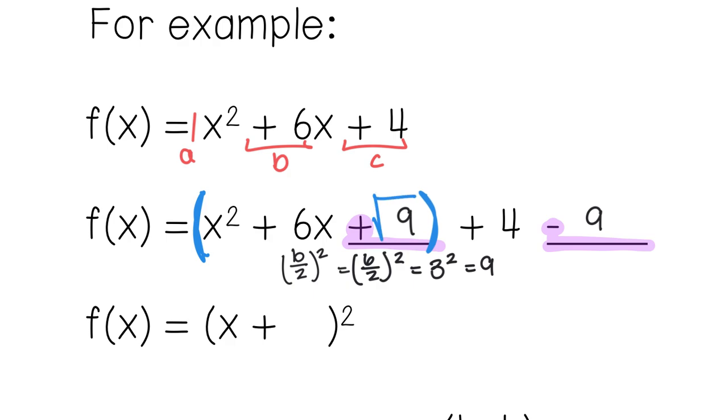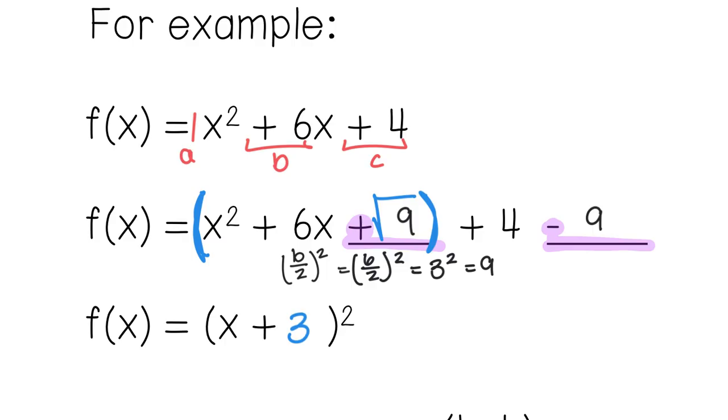Factoring x squared plus 6x plus 9 is going to be x plus 3, squared. Where am I getting that 3 from? I square rooted 9, and that gave me my 3. Think about it: 3 plus 3 gives me 6, and 3 times 3 gives me 9. So that's going to be my factored form.